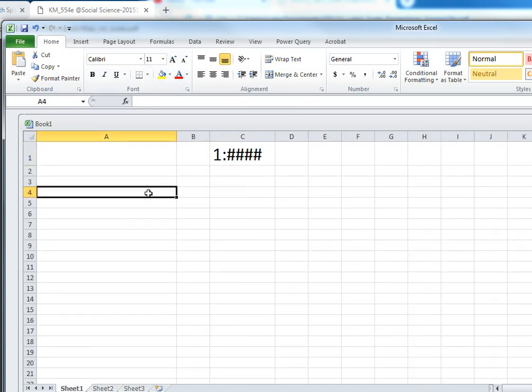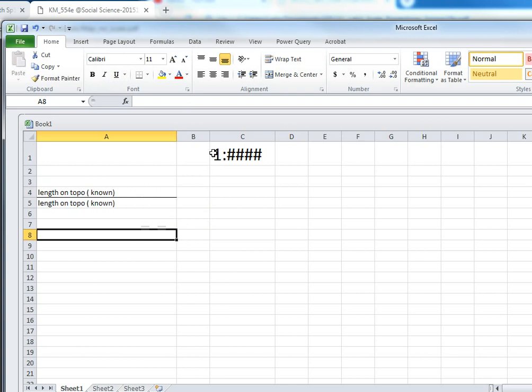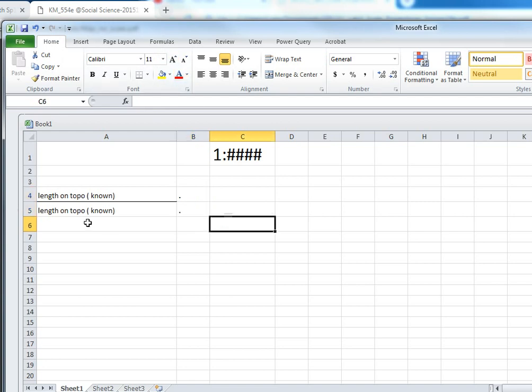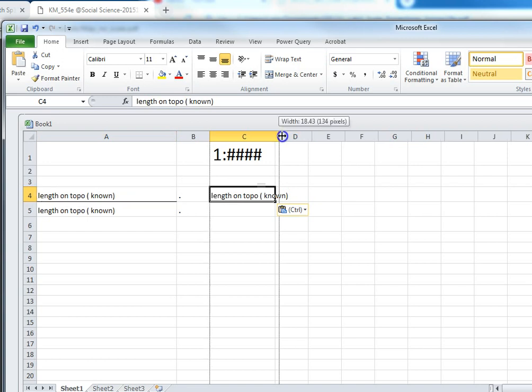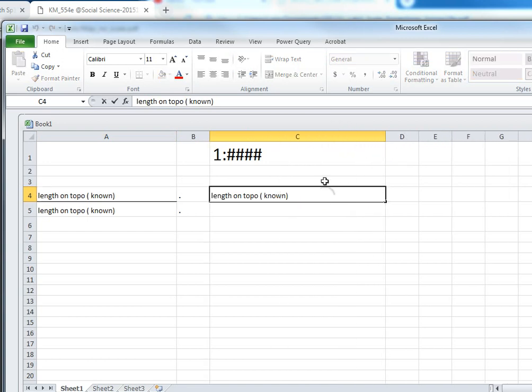So you're going to take the length of the feature on the topo map, and I call that the known, and you're going to divide it by itself. When you divide something by itself, you get 1. All right, so that's this side of the equation. Then you're going to take that length again and multiply it by the known scale.